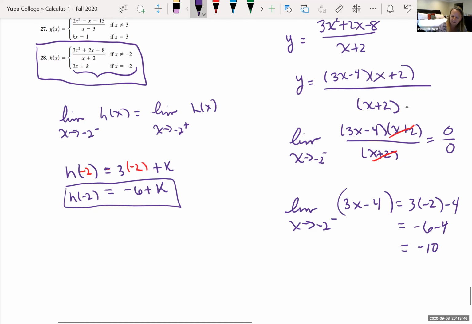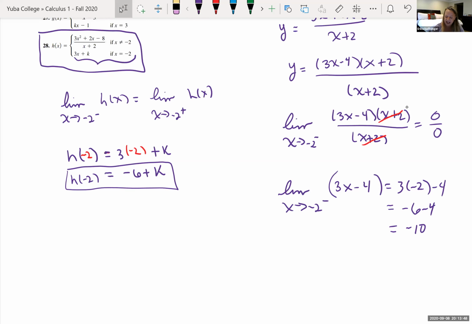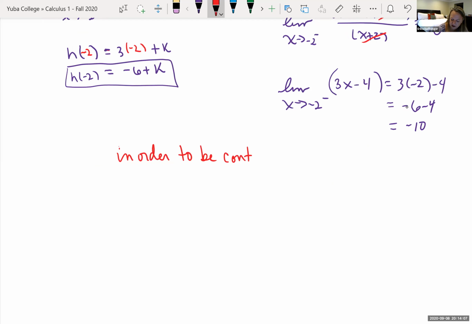So in order for this to be continuous, this has to equal h of -2. We know that the limit as x approaches -2 of h of x has to equal h of -2.